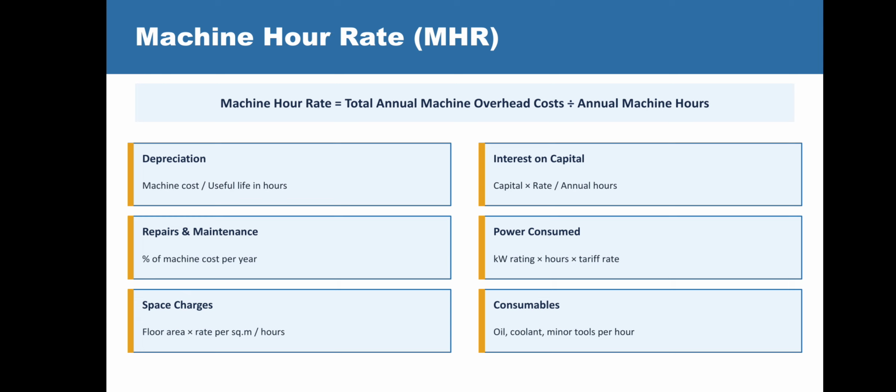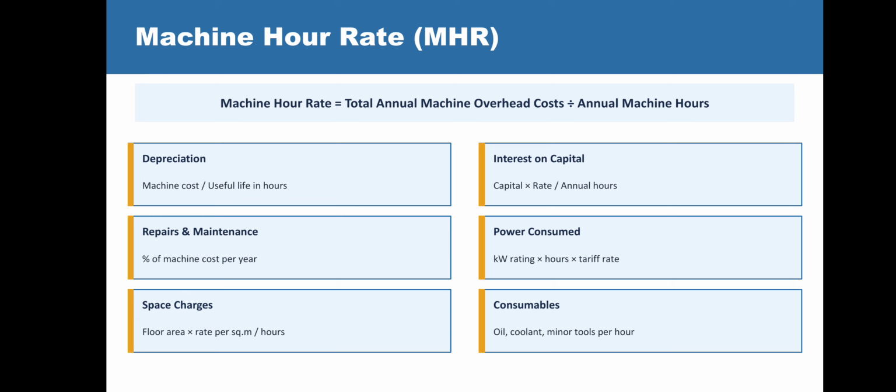In this machine hour rate, we can understand the different ways to find out the machine hour rate. The first one is depreciation. Machine cost per useful life in hours is the depreciation, and repairs and maintenance include percentage of machine cost per year.